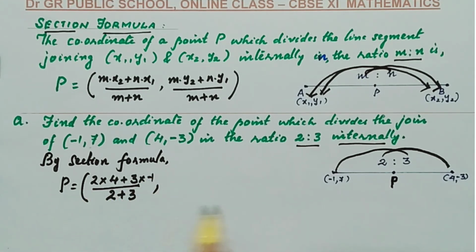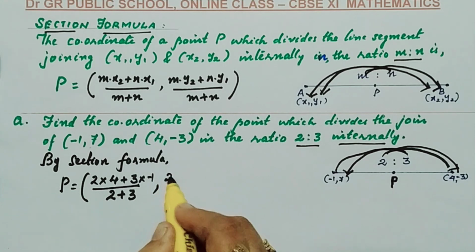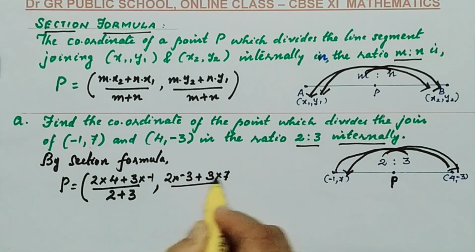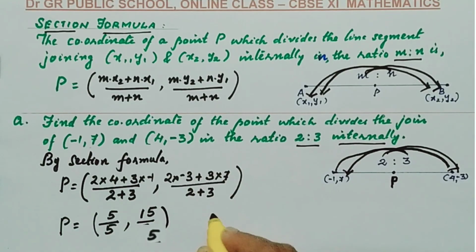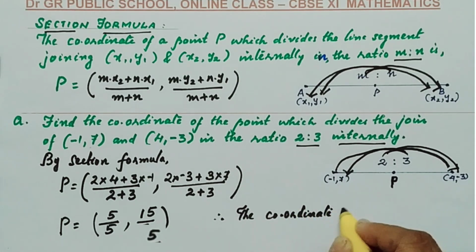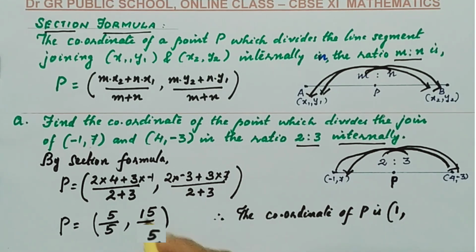And the y coordinate will be 2 into minus 3 plus 3 into 7 divided by 2 plus 3. The same section you studied in class 10th. Therefore, the coordinate of P is, 5 by 5 is 1, 15 by 5 is 3. So, this is the answer.